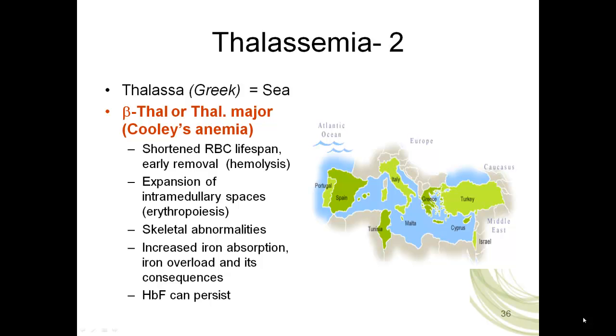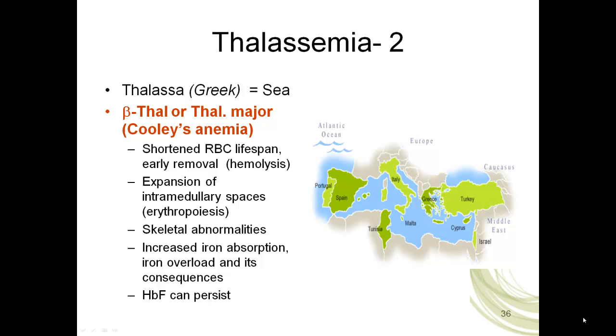Higher affinity, less likely to give up oxygen, but at least it's better than nothing in the patient. So, thalassemia is mostly associated with people of Mediterranean descent. That's why I'm showing this here.